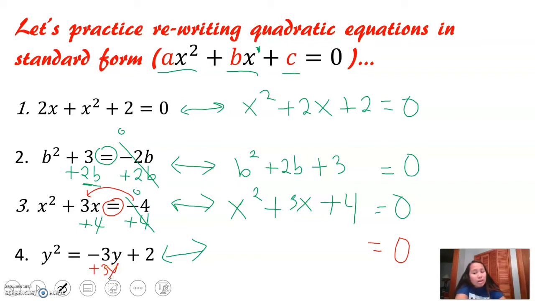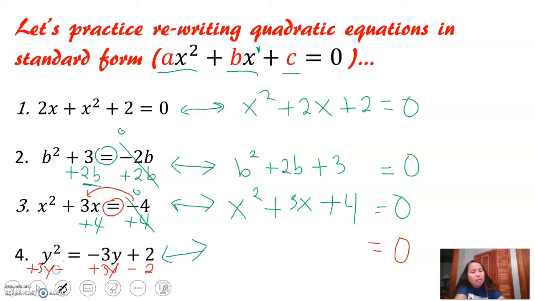I'm going to add the opposite or the inverse term. Since I added plus 3y on the right side of the equal sign, I'm going to add plus 3y also on this side of the equal sign. Now, since this is positive 2, I'm going to add the inverse. So the inverse of positive 2 is negative 2.